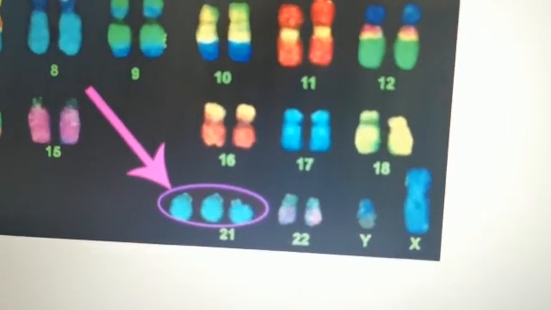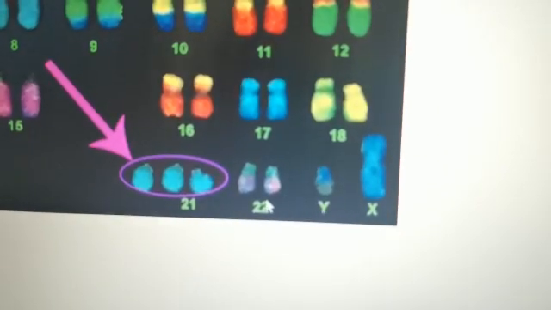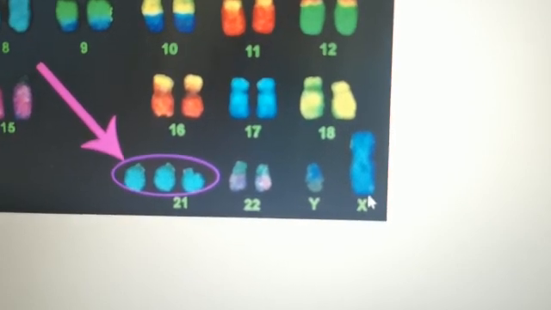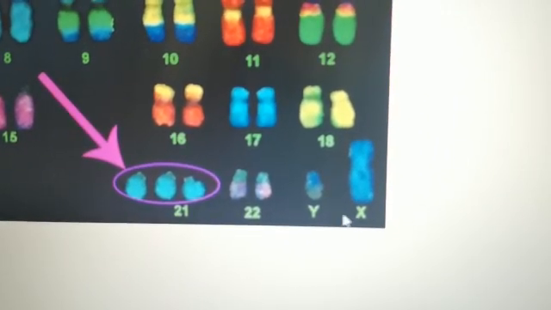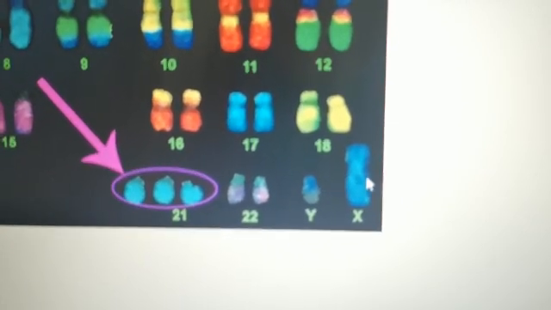There are 3 chromosomes in this pair. The 22nd pair is normal, and the last are the sex chromosomes, X and Y, which depend on your gender.